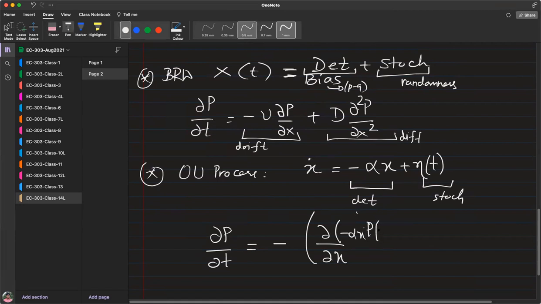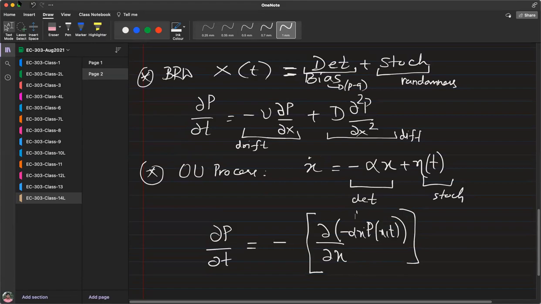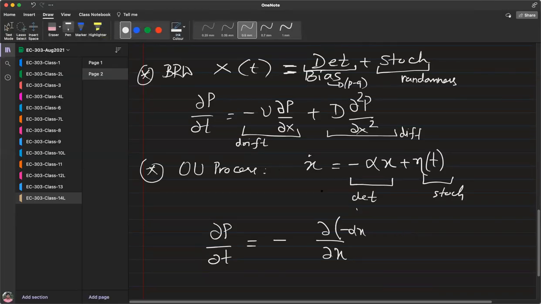So my claim is the following: the drift part will come from the deterministic part in the stochastic differential equation, and the diffusion part remains the same.